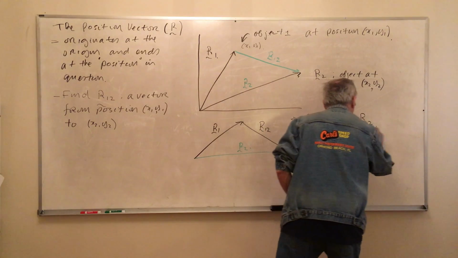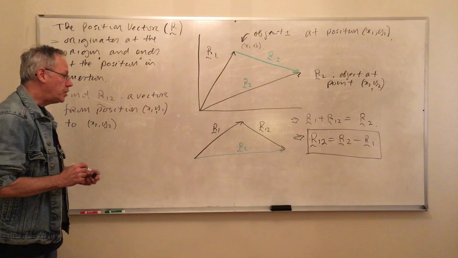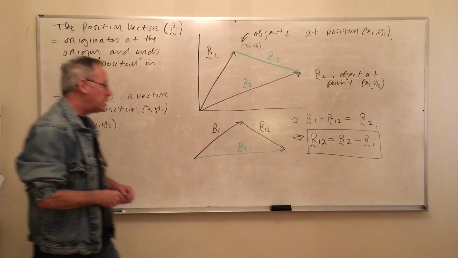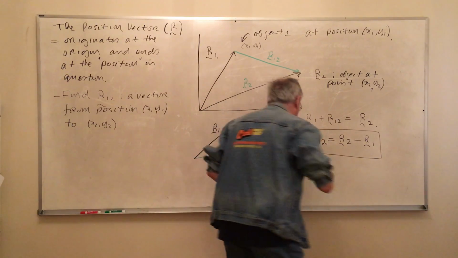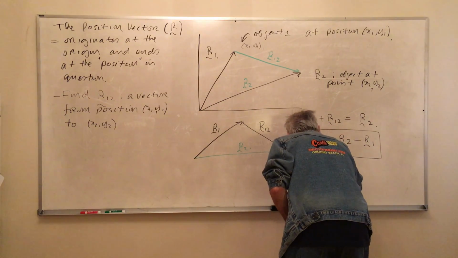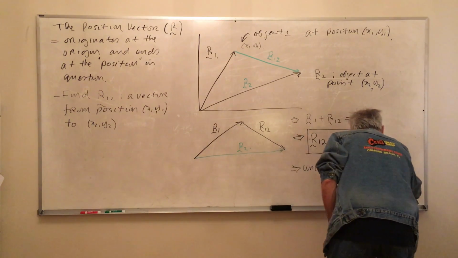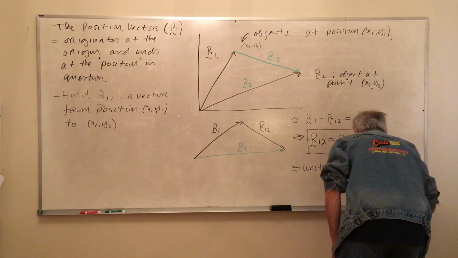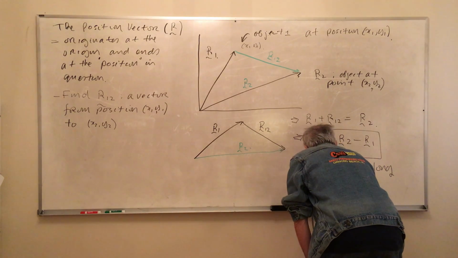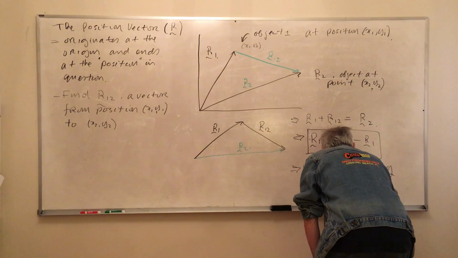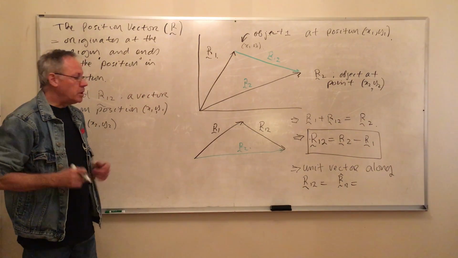Very important result. It's simple, but people sometimes overlook it. To find R12, the vector from here to here, is given by R2 minus R1. And a unit vector in that direction is the same old thing: R12 with a hat on it.